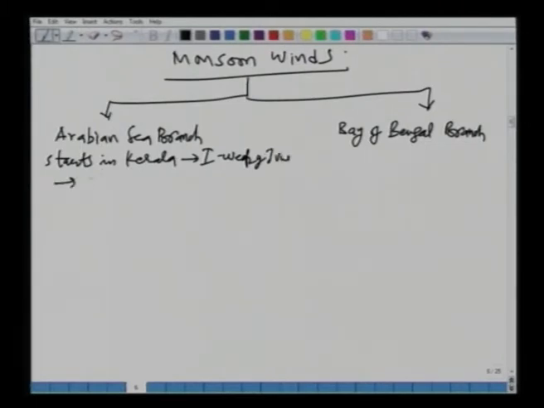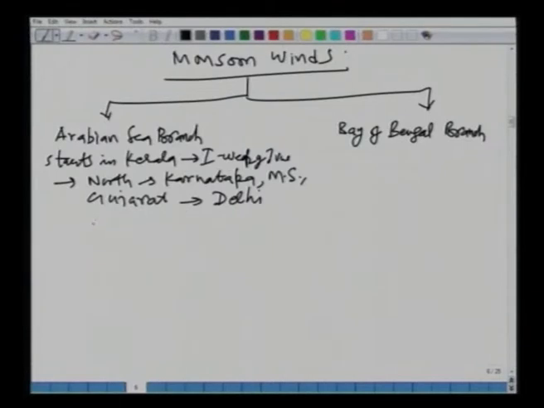Then it travels to the north, goes towards north to Karnataka, Maharashtra, Gujarat, and then finally it reaches the central portion of Delhi around the 4th week of June.